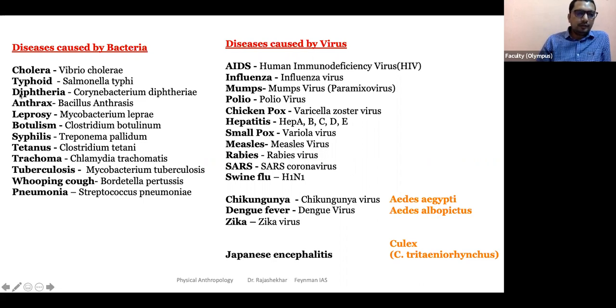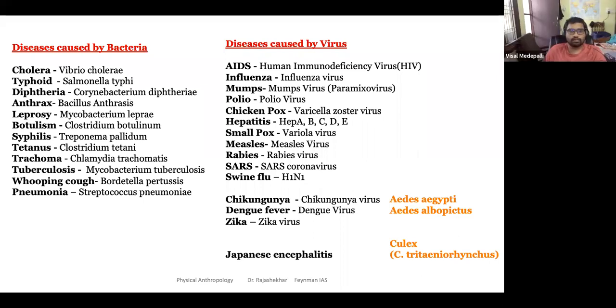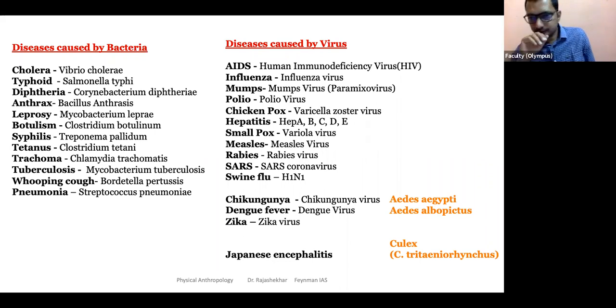Anthrax is also a very well-known airborne infection, Bacillus anthracis. Is even the name of the bacteria important to remember? Not necessarily. Maybe be familiar with a couple of them.